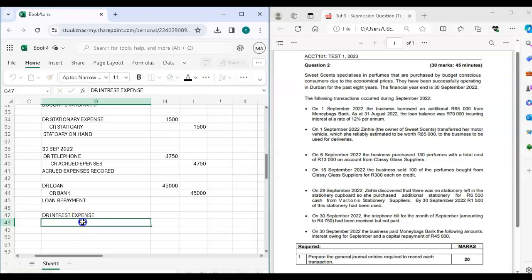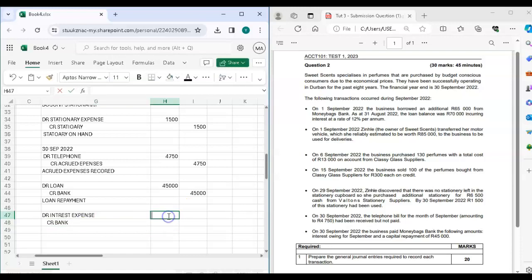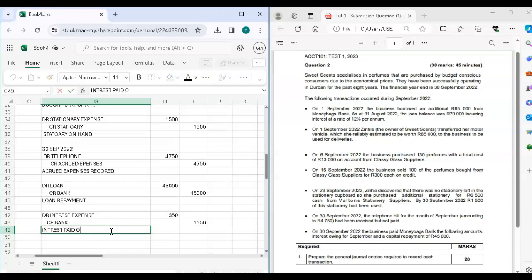And then you're going to credit your bank, right? Because anytime you pay money, it's bank. So you work that out in the calculation, it'll give you 1,350, right? The interest. Okay? And then the narration over here, interest paid on loan.